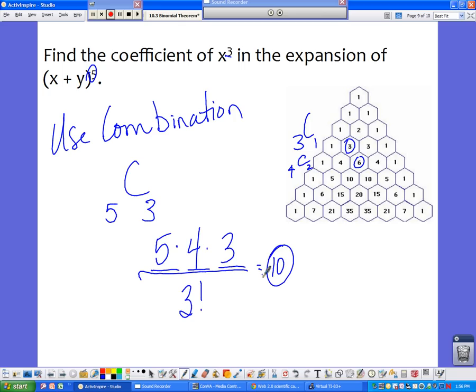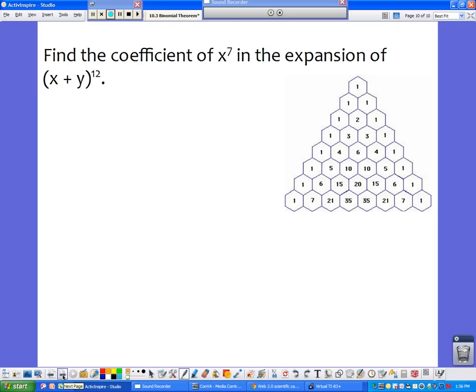And if you look, fifth row, 0, 1, 2, 3, you get 10. Now, that was pretty easy because we could have used Pascal's triangle to find that number. But what happens if we have an expansion of 12? That means you're going to have to add 5 more rows onto Pascal's triangle. But an easier way to do it, remember, is just use a combination.